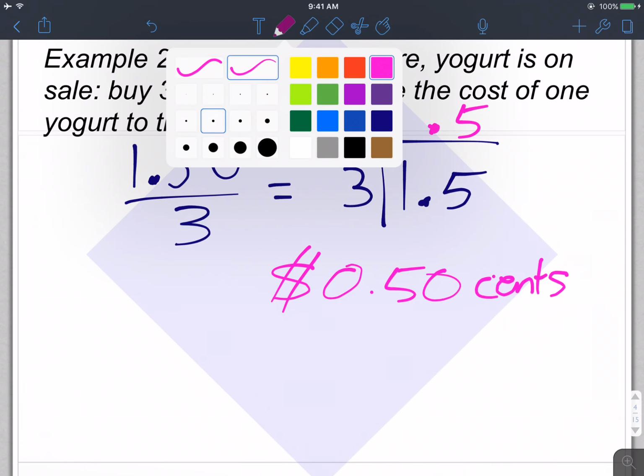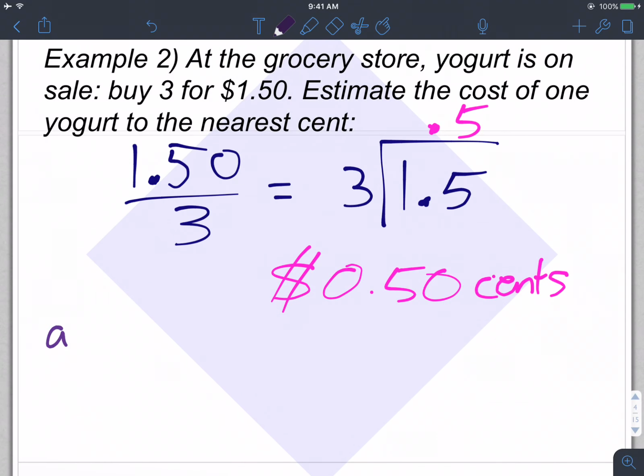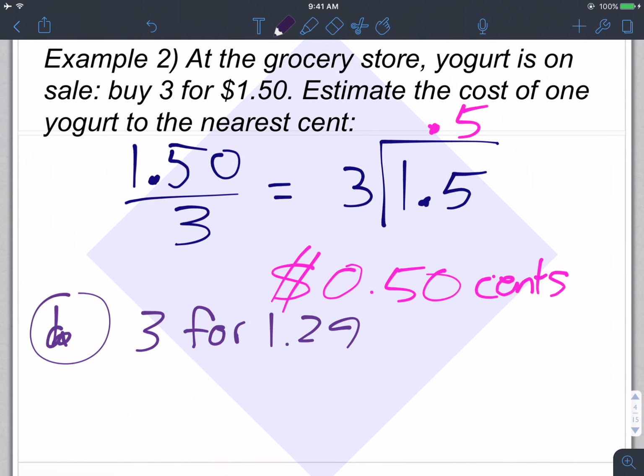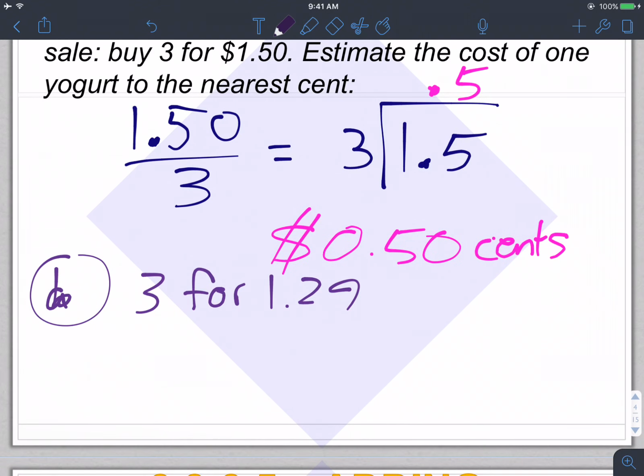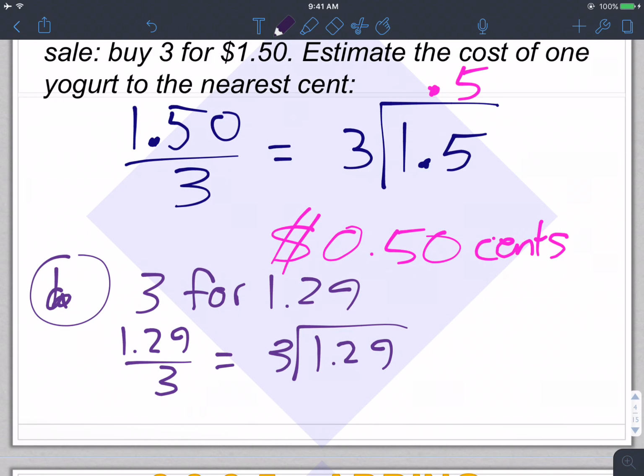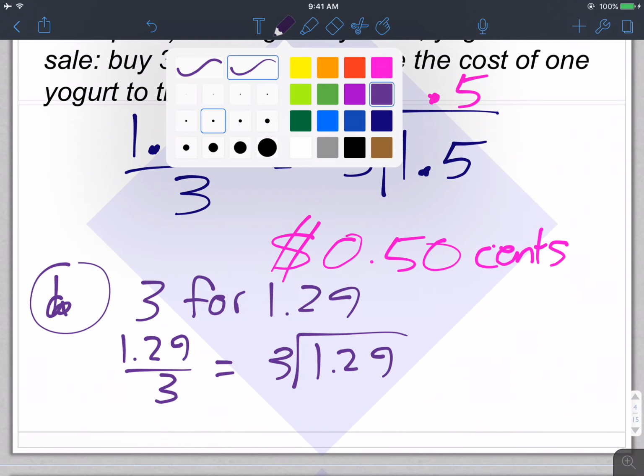But let me change the problem around. Let's say it said 3 for... How about $1.29? 3 for $1.29, okay? Same process. So let's go through the division.